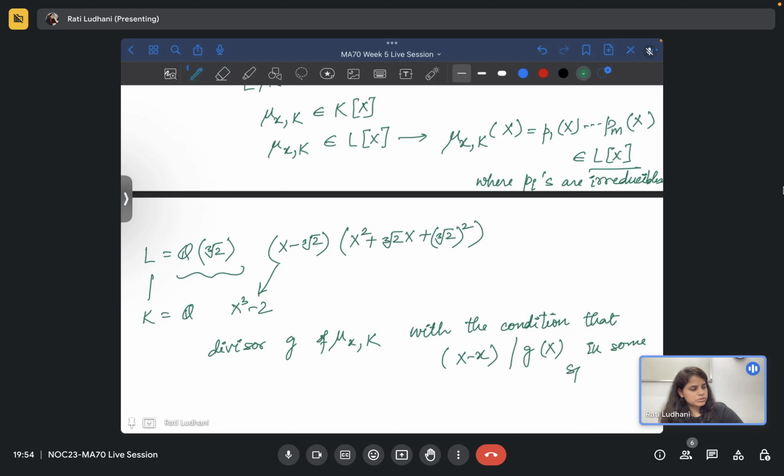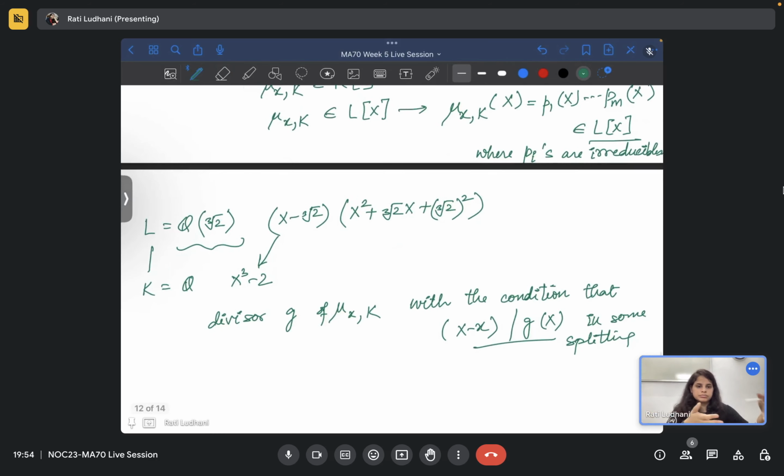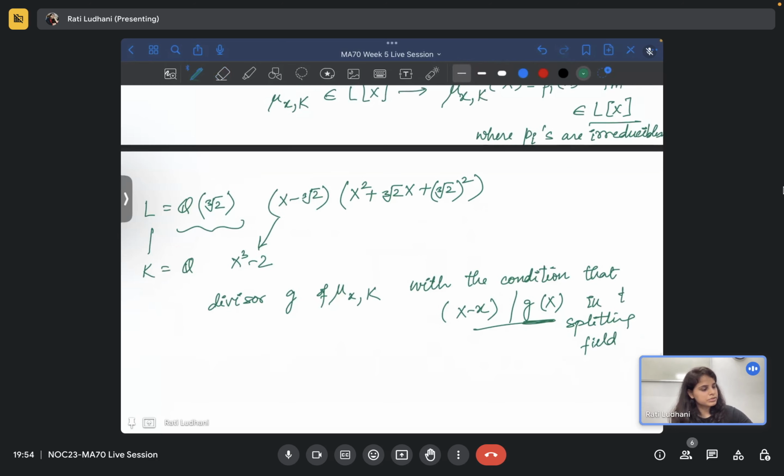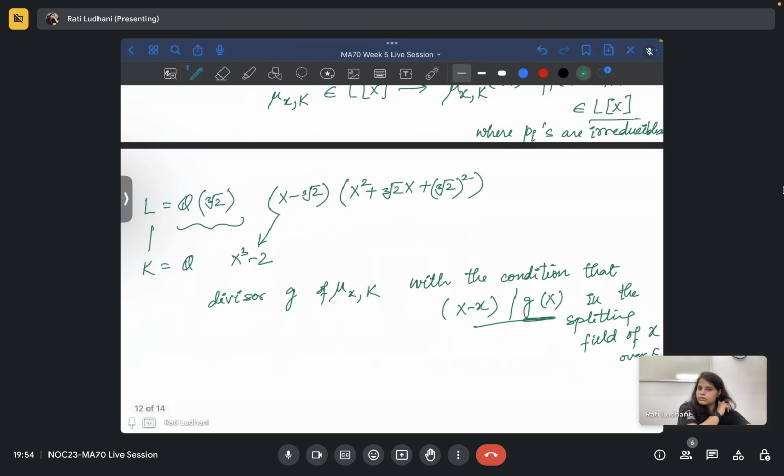So when I'm writing divide, that means it should divide in some sense of splitting. Because if it is irreducible, we cannot say, in this splitting field of alpha. Okay, whatever. Yeah, is that okay? So we are interested in this set.